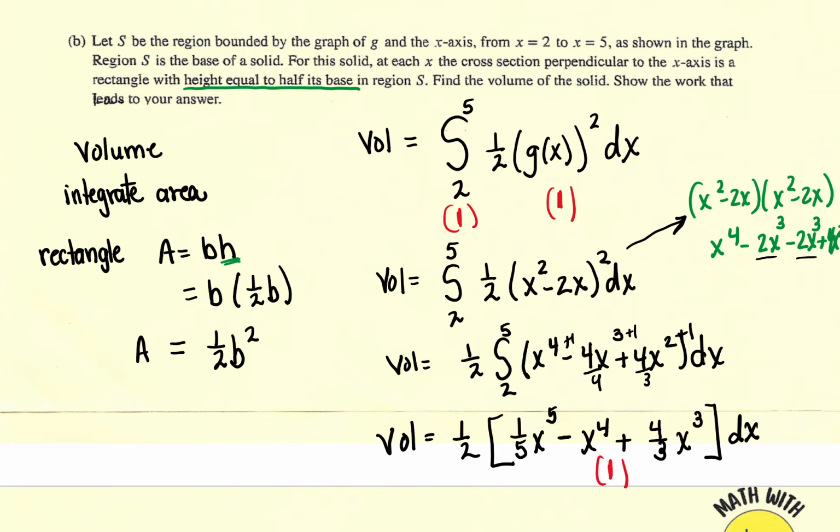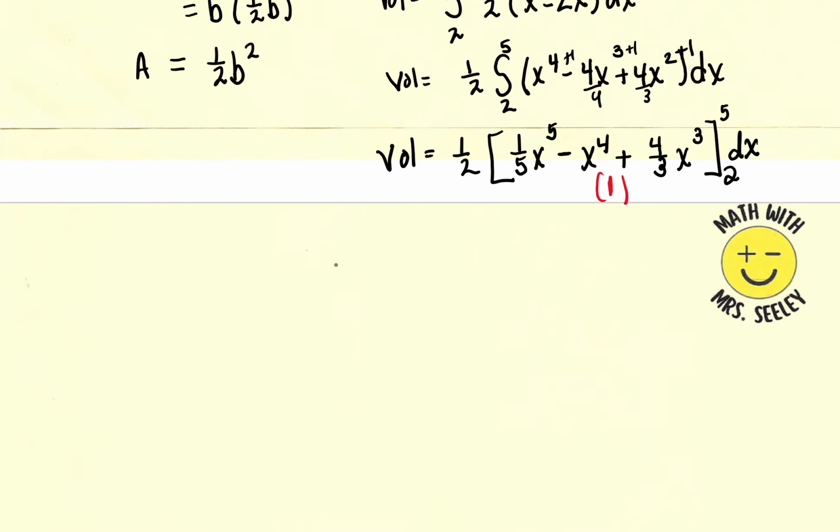All right, now we have to plug our 5 in and our 2 in if we're going to evaluate that. So I'm going to keep them separate. I have my 1/2 come over here. Now I'm going to plug my 5 in first.